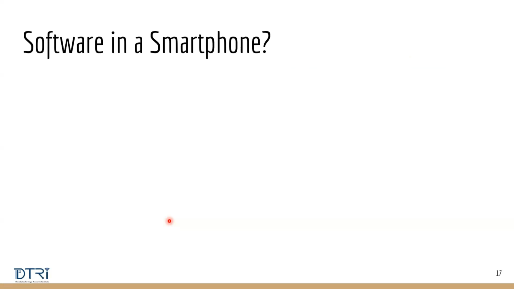Now, what is the software in a smartphone? Android, iOS. Okay, first is operating system. So what are the operating systems that we use? Android operating system. Android. Okay. What else?